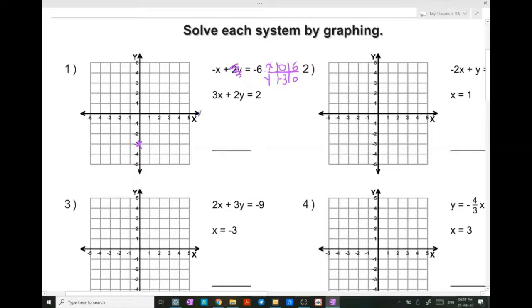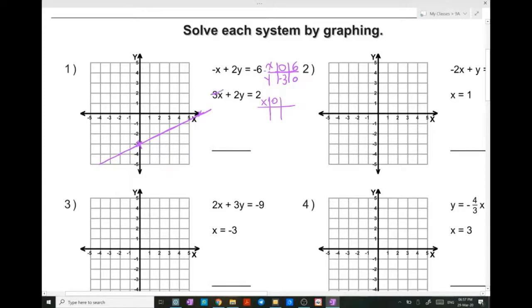So graphing the first line, we will have minus 3 for y and 6 for x, somewhere here. So this would be your first line. In order to draw the second line, we do the same. First we take x equals 0 to get the y-intercept.